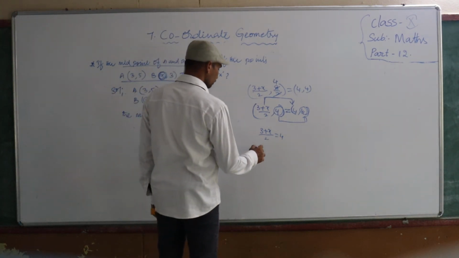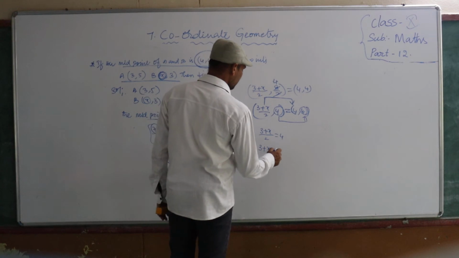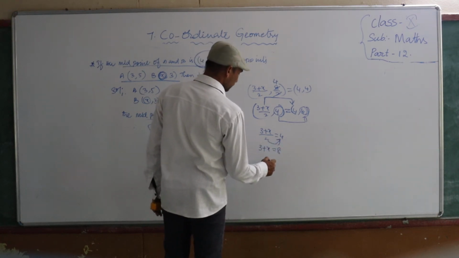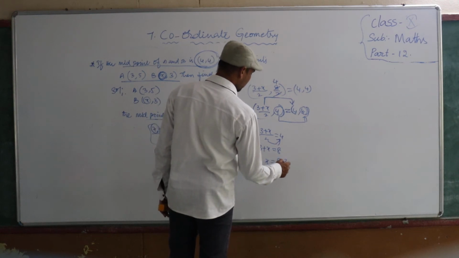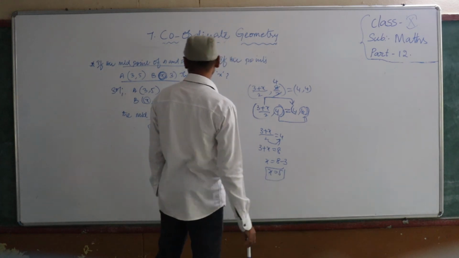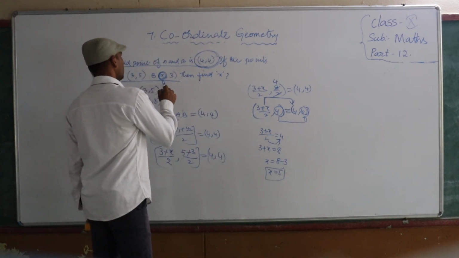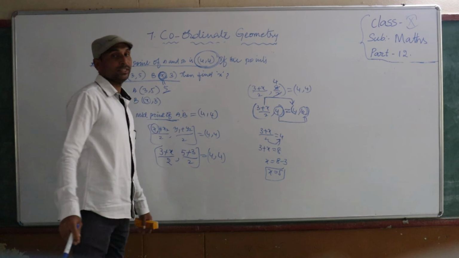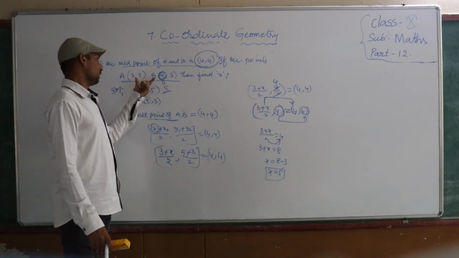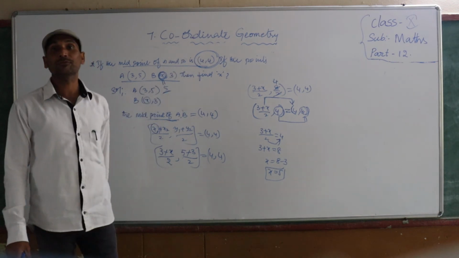Right? 3 plus x is equal to, cross multiplication, 4 twos are 8, then x is equal to 8 minus 3, then x is equal to 5. Therefore, the x value is equal to 5. So if x is 5, the midpoint we will get is (4, 4).